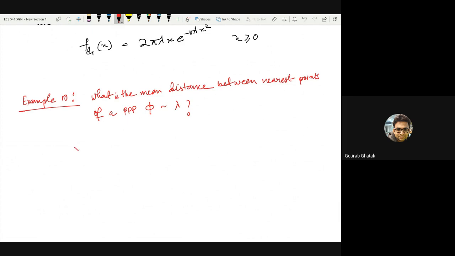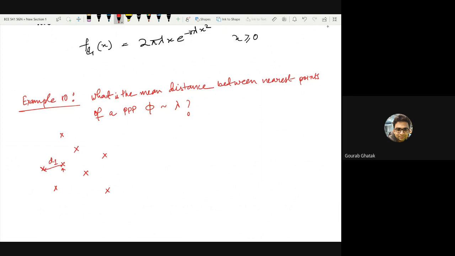It means that suppose you have a Poisson point process with a realization something like this, you are supposed to go to each of these points and find out which is its nearest neighbor. So let's go to this one. Probably its nearest neighbor is this, so let's call it d1.